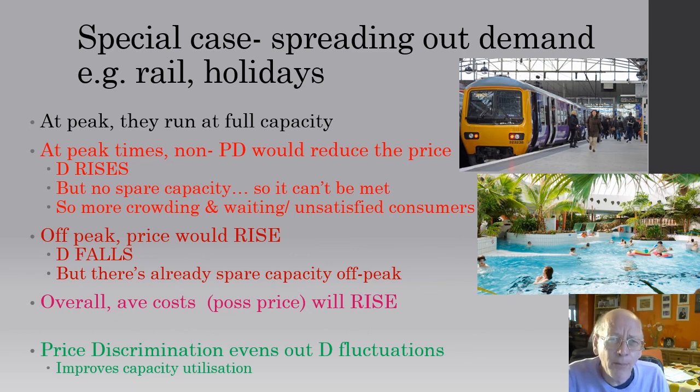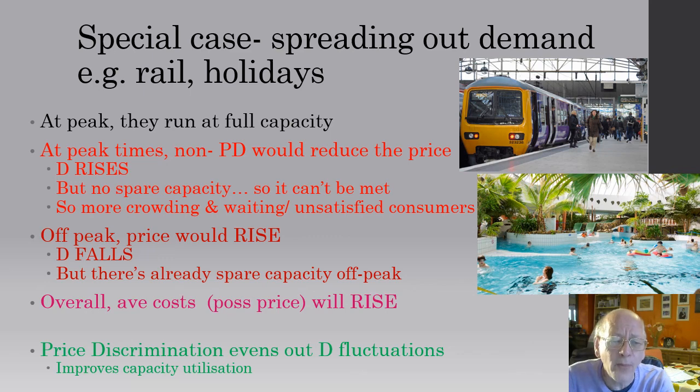So what would happen if price fell at peak time because they weren't allowed to price discriminate? Well, if price falls, demand goes up. But they are running at full capacity, so they couldn't meet that excess demand. So you'd have a lot of unhappy consumers who would like to go on holiday, but actually can't go on holiday because the place is full up, even though it's cheaper. So that wouldn't necessarily be a good thing for most consumers.